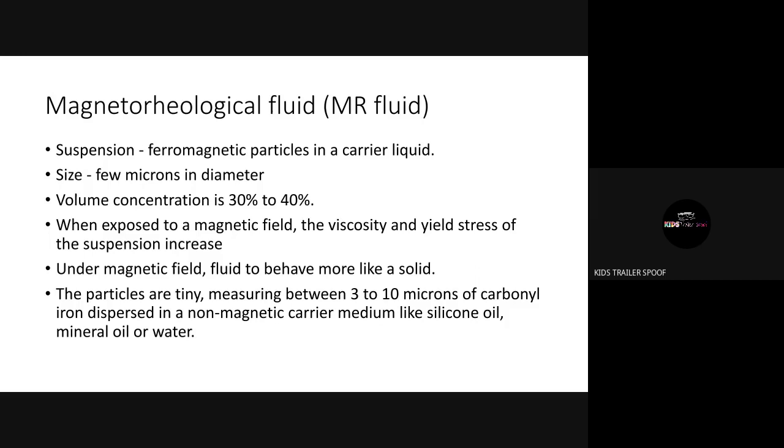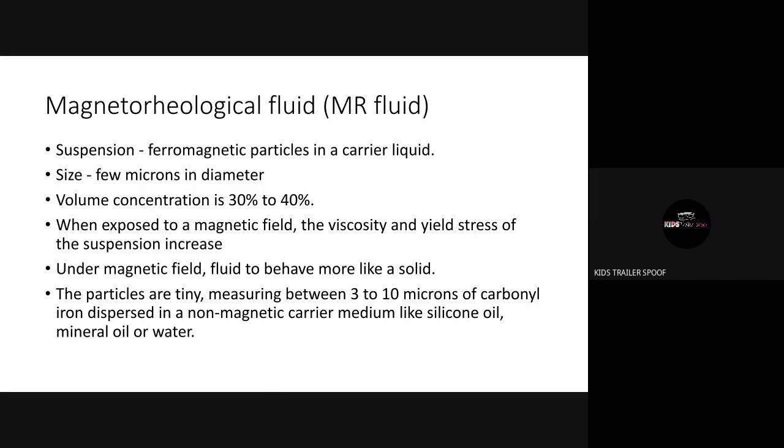That means the particles used here are tiny, and the size is 3 to 10 microns. And these particles are the carbonyl iron particles, CIP. So from now onwards we'll designate them as CIP, that is nothing but carbonyl iron particles.